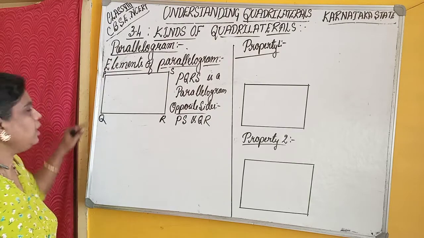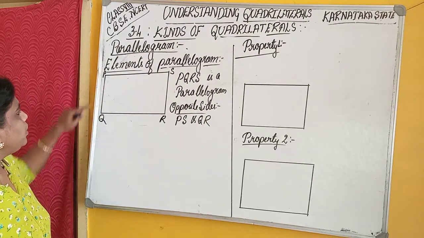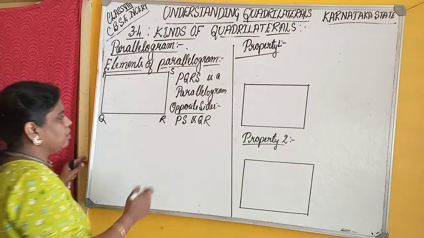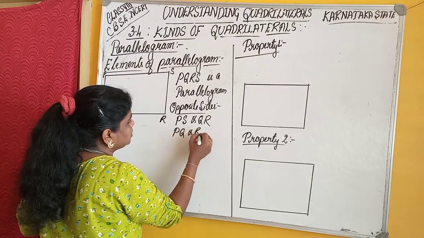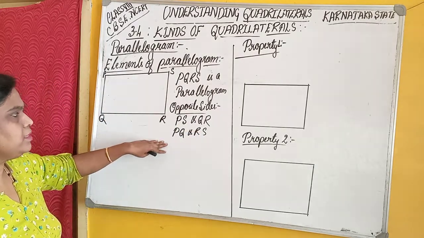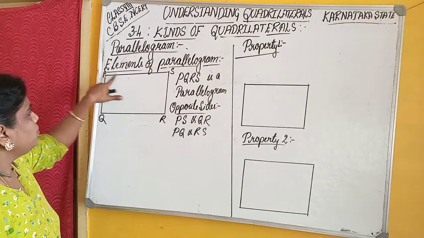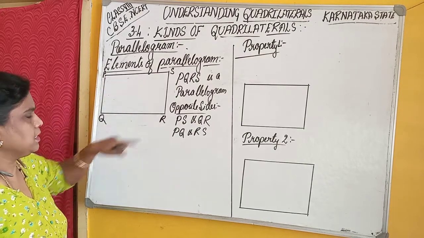Okay, are you following? PS and QR are opposite sides, and PQ and RS are also opposite sides. Understood, students? The opposite sides are PS and QR and PQ and SR.